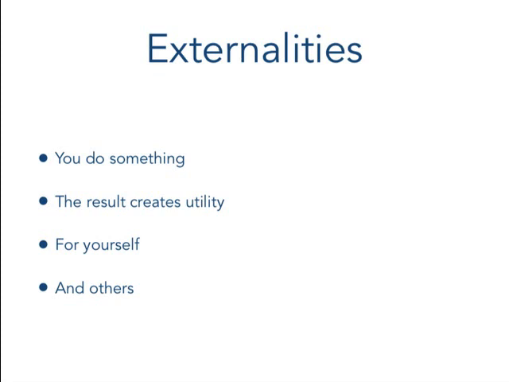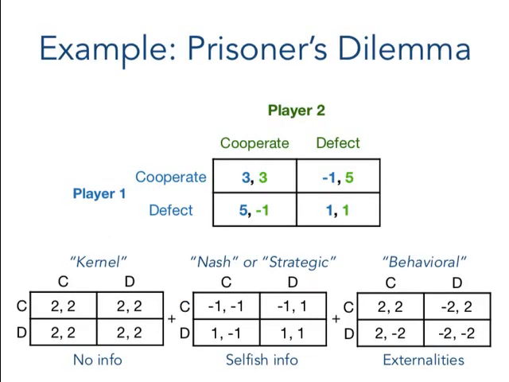Now, let's look at the prisoner's dilemma again, ignoring the kernel. When I cooperate, I'm not getting the best for myself no matter what you do, right? Look at that negative one. If you cooperate and I cooperate, I'm getting a negative one.